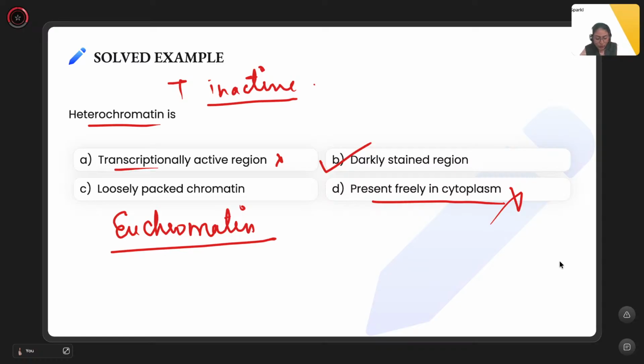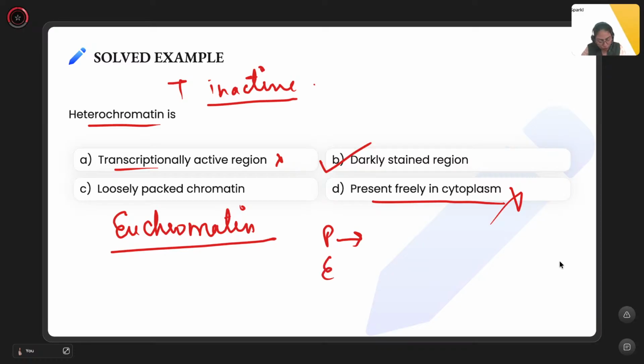And if I talk about transcription, where does transcription take place and where does translation take place in eukaryotes and prokaryotes? Remember, in prokaryotes, because there is no nucleus, transcription and translation are coupled and happen in the cytoplasm only.